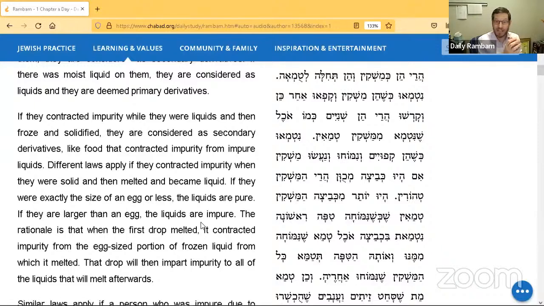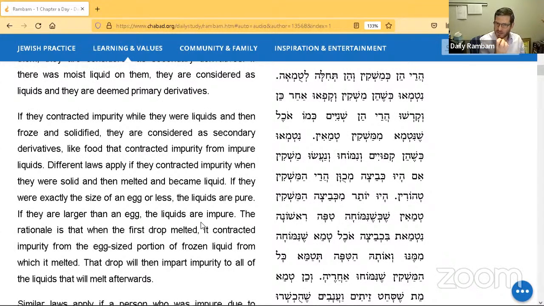But if this condensed, coagulated, solid thing was larger than an egg, and then it starts to liquefy, then the liquids will become impure. What's the rationale? When the first drop is melted, it contracted impurity from the egg-sized portion of frozen liquid from which it melted, and then that drop will impart impurity to all of the liquid that will melt afterwards. You're following?